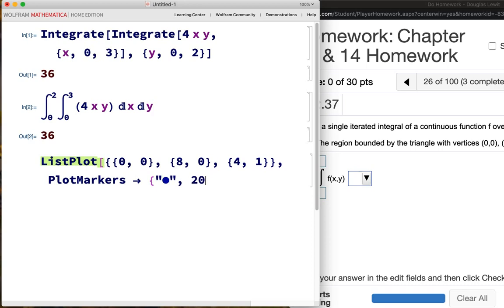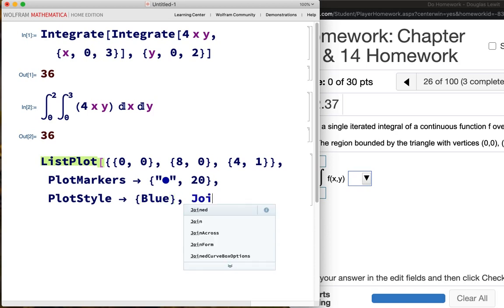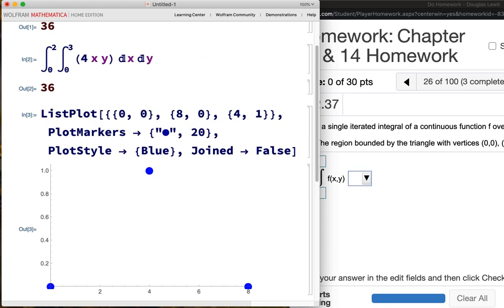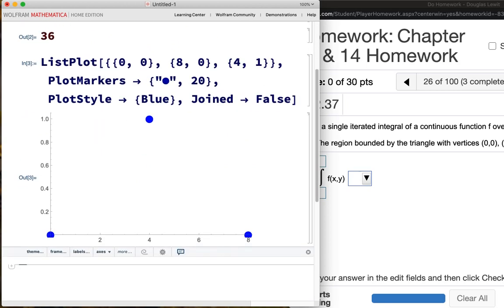I'll make it 20 pixels in diameter. PlotStyle, let's say blue, and Joined false. Okay, so that's what the triangle looks like.